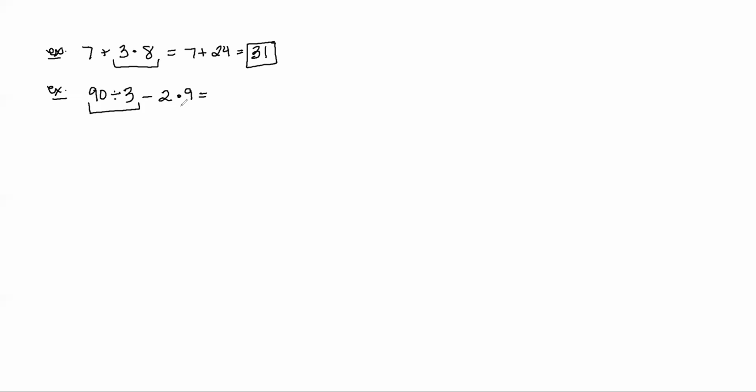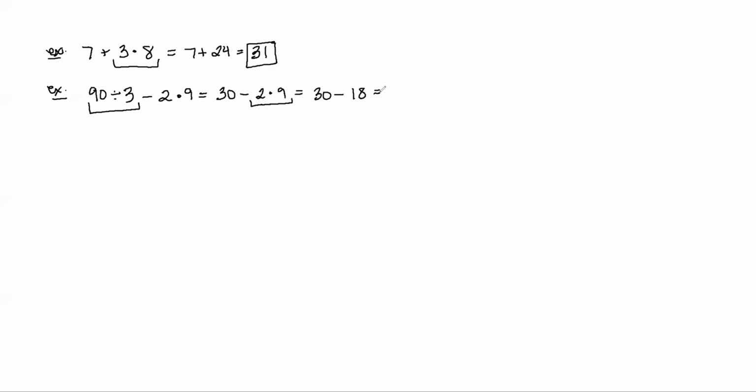Let's go ahead and just do the division. So 90 divided by 3 is 30. Keep the rest, so minus 2 times 9. And then we want to multiply those two, so keep the rest. So 30 minus 2 times 9 is 18.